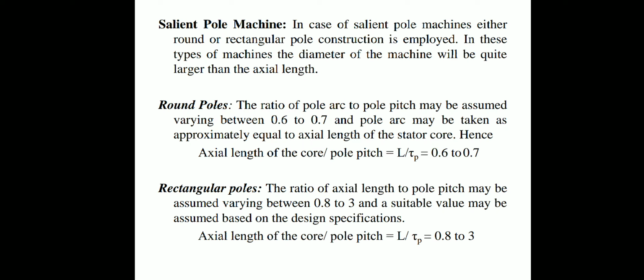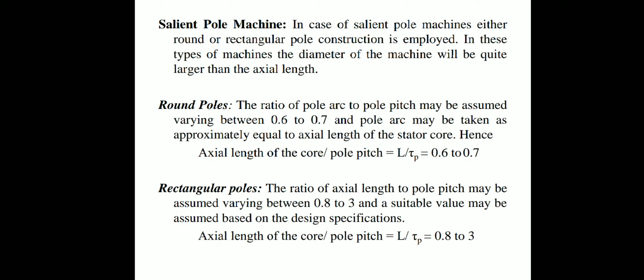Round poles: the ratio of pole arc to pole pitch may be assumed varying between 0.6 to 0.7, and pole arc may be taken as approximately equal to the axial length of the stator core. Hence, axial length of the core per pole pitch, L upon tau p, is equal to 0.6 to 0.7.